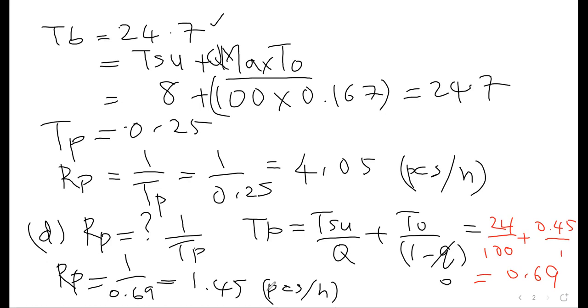If you are done already, please see your answer, or if you haven't done that, please after this do this exercise on your own to make sure you are familiar with how to calculate the MLT, to calculate the RP from the TP, the production time. You can calculate the RP, so you know how to deal with this question. All right.